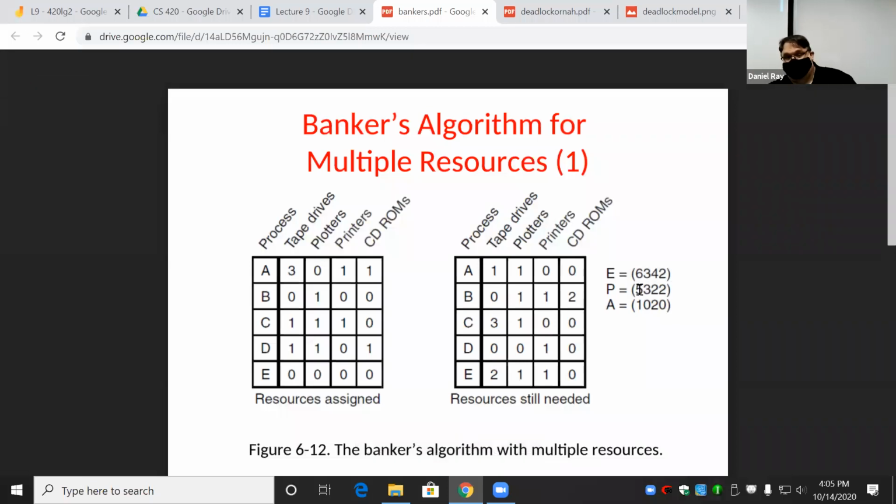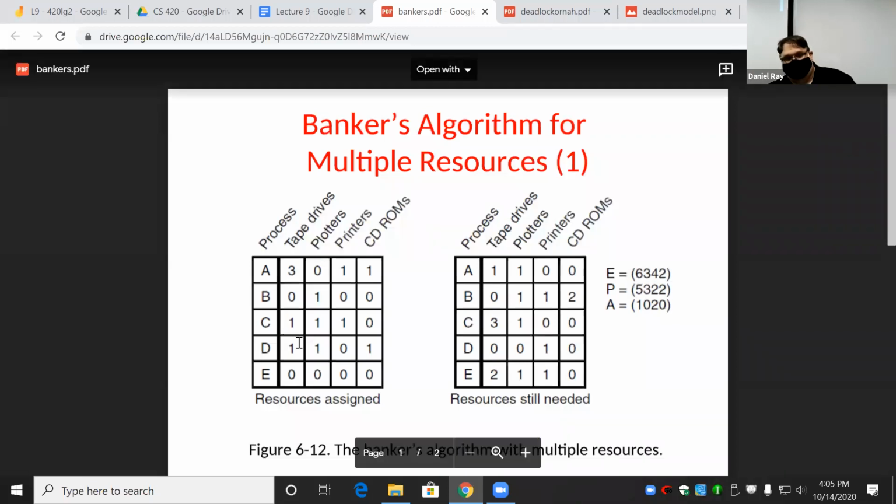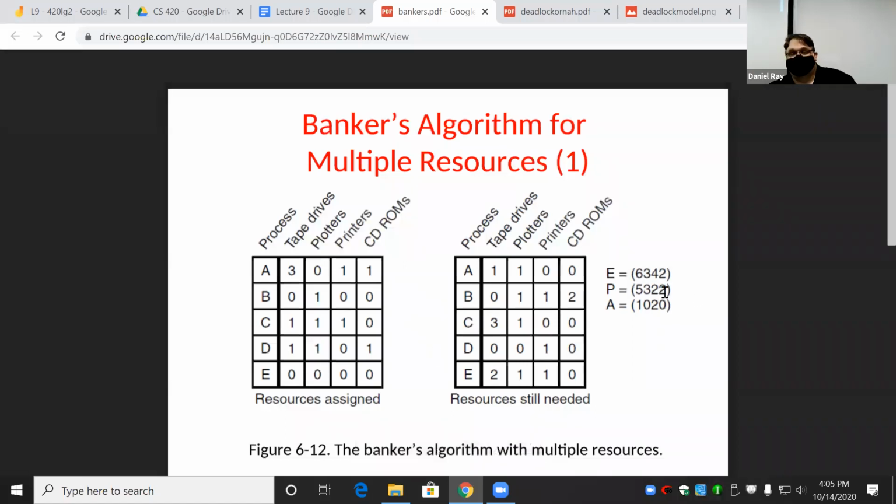We can actually build this one because this is 3 plus 1 plus 1 is 5, and 1 plus 1 plus 1 is 3, and 1 plus 1 is 2, and 1 plus 1 is 2. So that's the number that are currently possessed. And since we know each of these things, we also know how many are allocatable of each type.